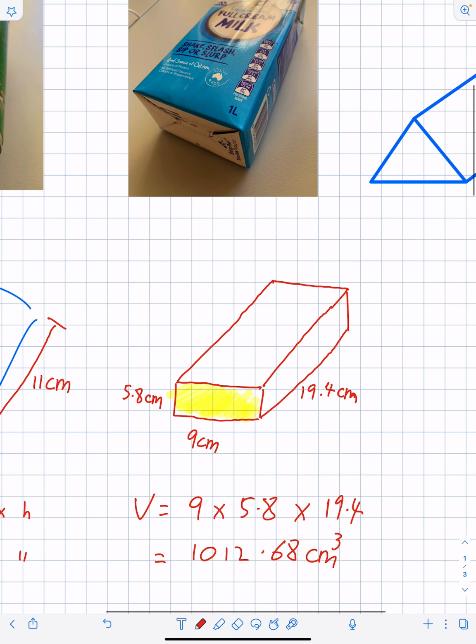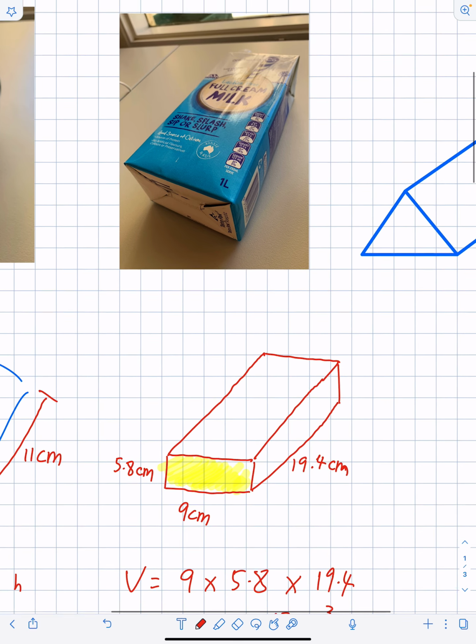Okay, and we know that actually in 1 litre there's 1,000 millilitres or 1,000 cubic centimetres. And so my measurement for volume is slightly more than that. So it could be that I've measured from the outside of the cardboard, not the inside of the package. It could be that when I measured it, I actually measured it a little bit incorrectly. Maybe it wasn't 9 centimetres, maybe it was 8.9 or something like that.